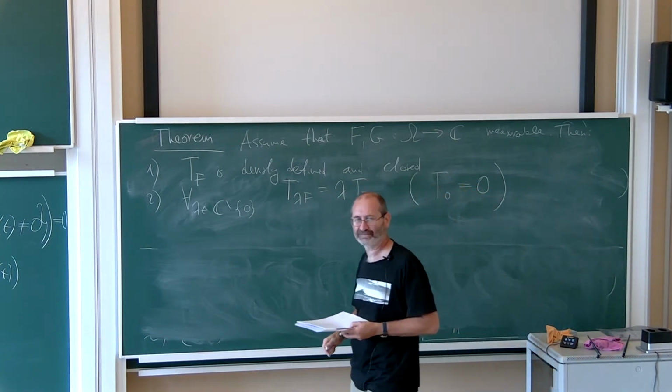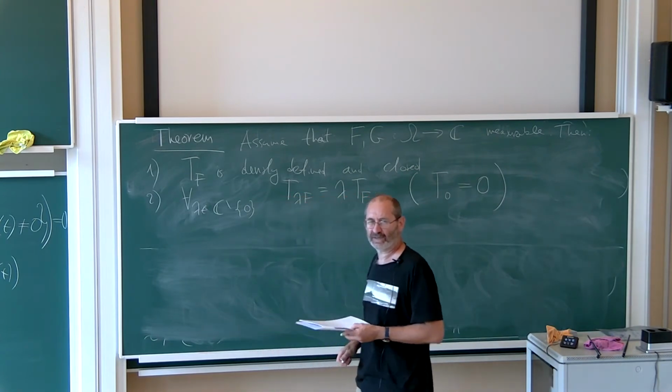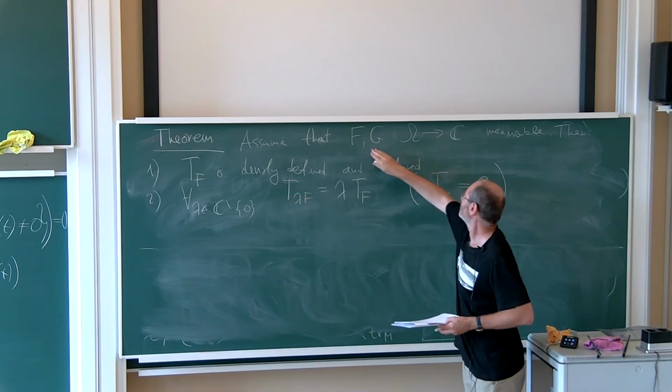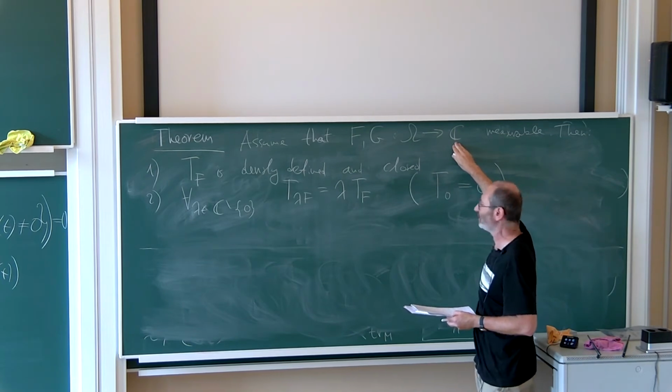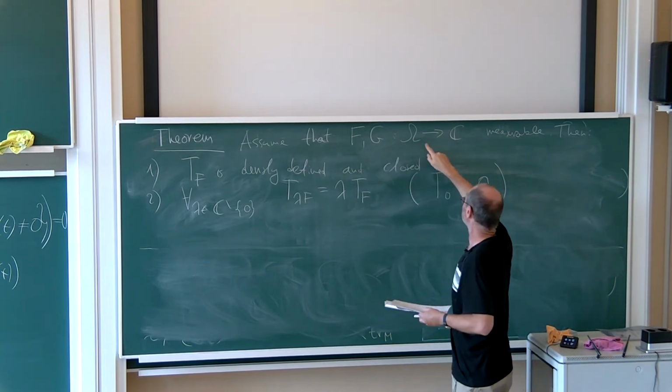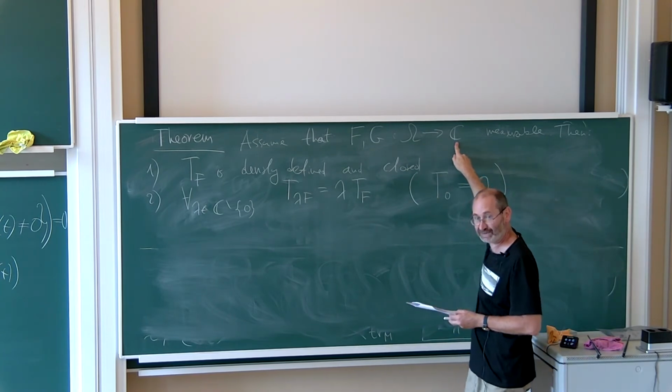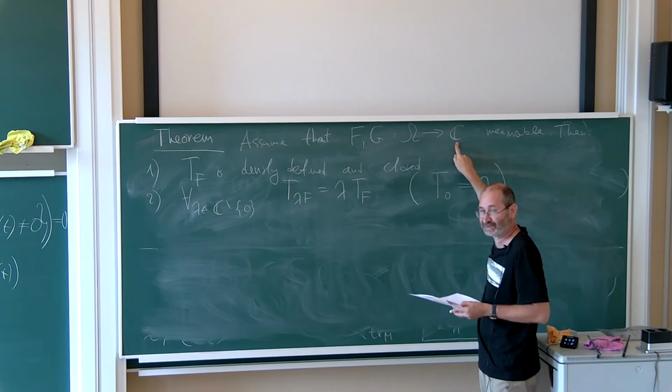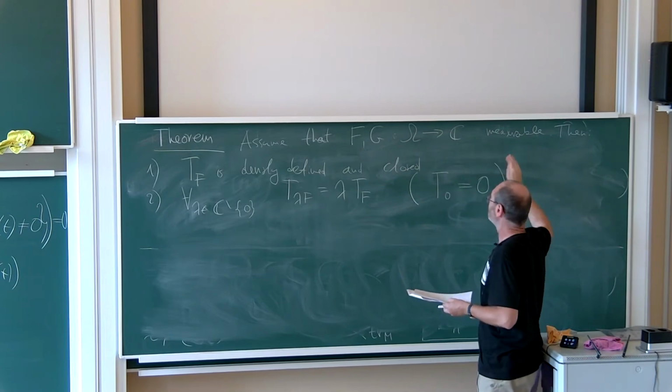Excuse me, f is finite almost everywhere? No, f is everywhere finite. F is just from omega to C, so it's defined everywhere. Infinity is excluded.